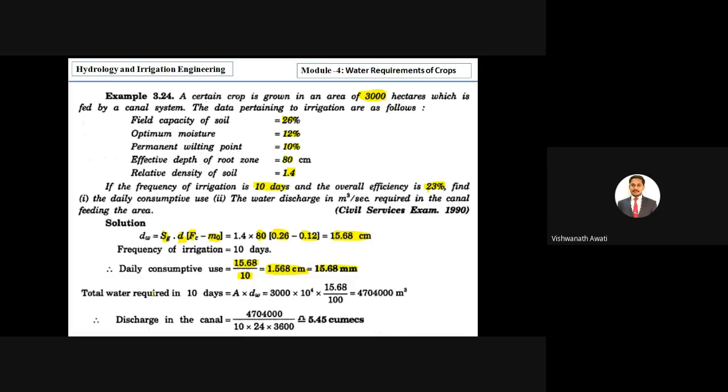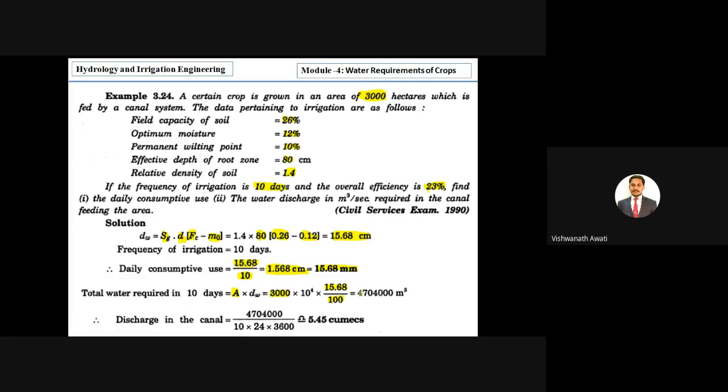Then total water required in 10 days. So area they have given, then area into dW. Area is 3000 hectares, and it is converted to meter squared, 10 to the power 4. Then dW is in centimeter, so convert centimeter to meter. You will get total water required in 10 days.